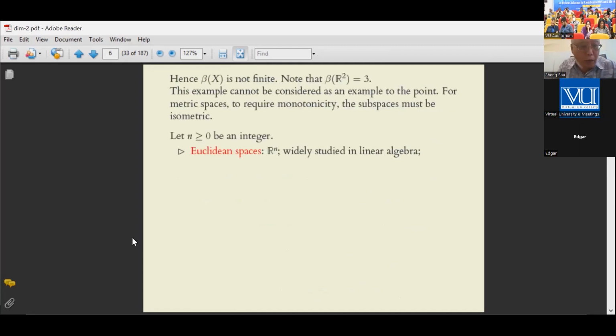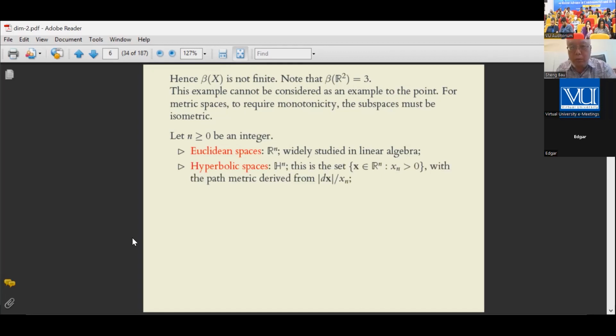So what are classical geometries? Euclidean space, which is R to the n, linear algebra. That is it. Its curvature at every point is 0. Hyperbolic space, which is denoted by H to the n, the n-dimensional hyperbolic space, is given by the Poincaré half-space model.